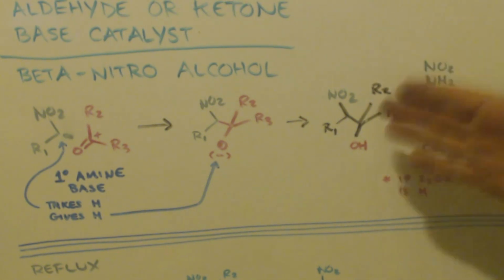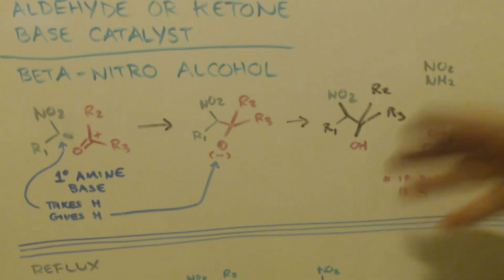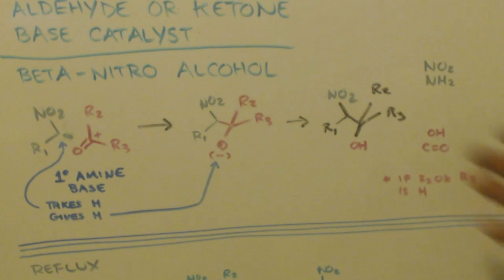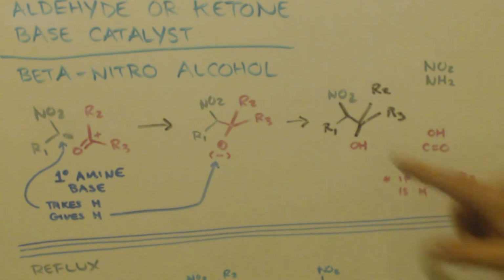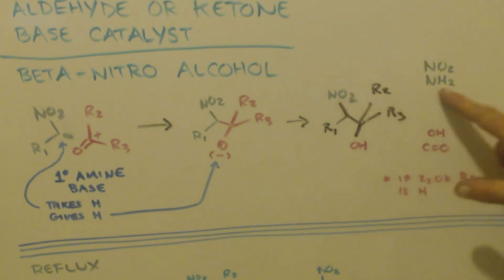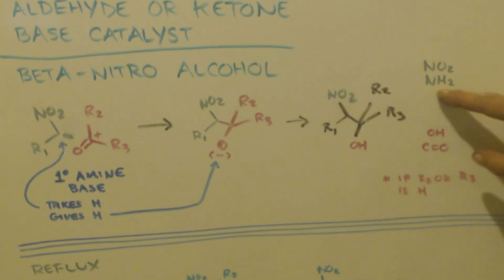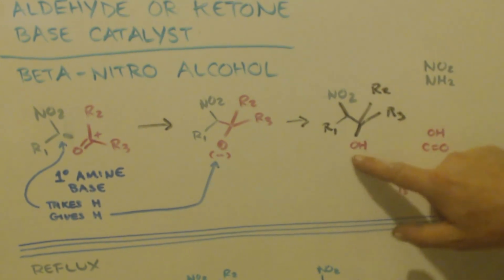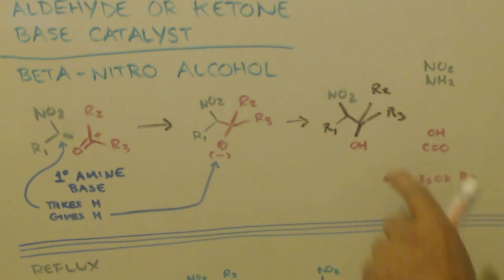Now you can take that and extract it out of your pot and purify it and you have this product. Then you can do two things with it. You can either take your nitro group and reduce it to an amine, and it won't be able to reduce this because this is the lowest reduction that you can have with a hydroxy group.